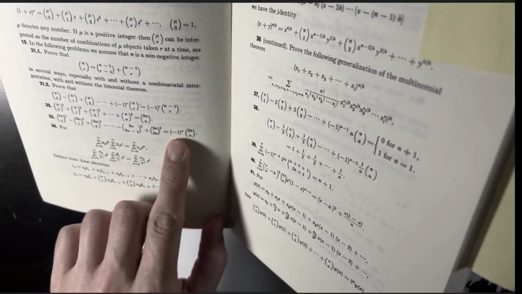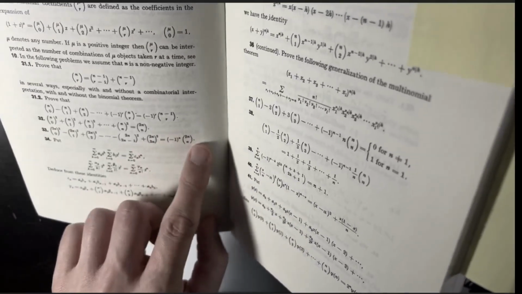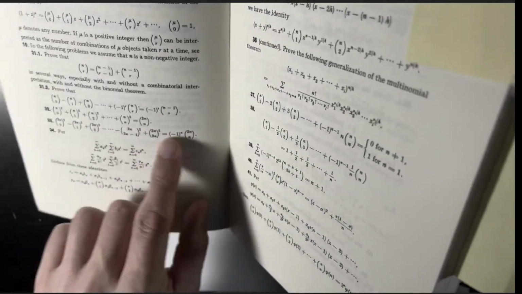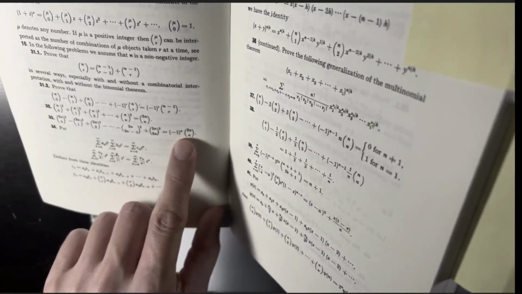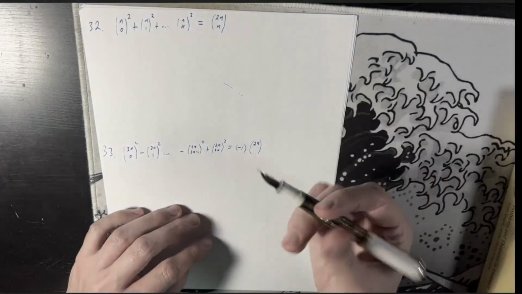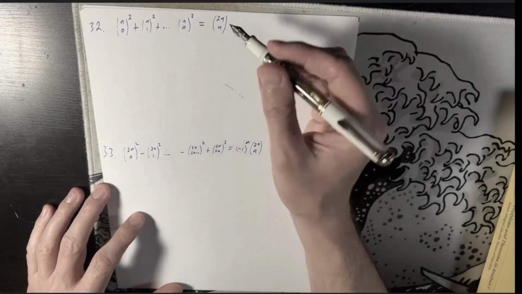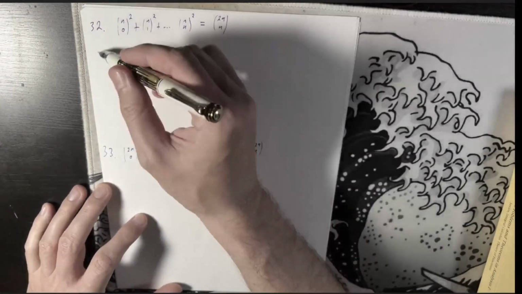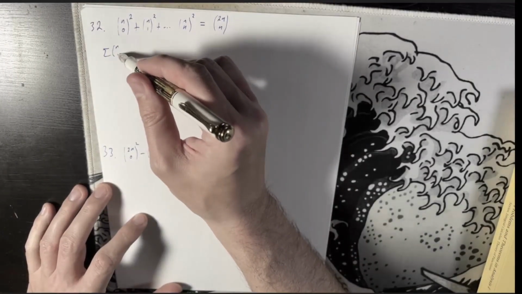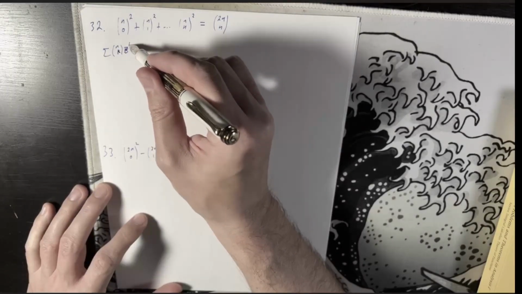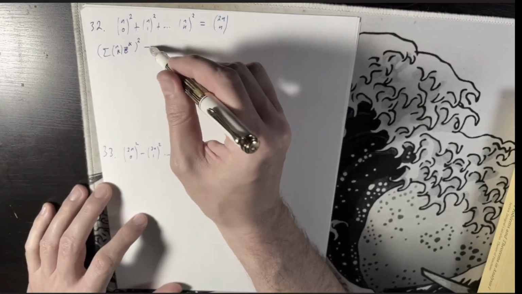Alright, so the alternating bit. So this is just one coefficient, if you think about it, of this mess. Like some series could have this as a coefficient, if we're doing 2n choose r, similar to how we approach 32. So I think 32 and 33 are going to be very similar. Like, if I did have this series and I just square it, oops, sorry, z to the k, I sort of wonder what happens.